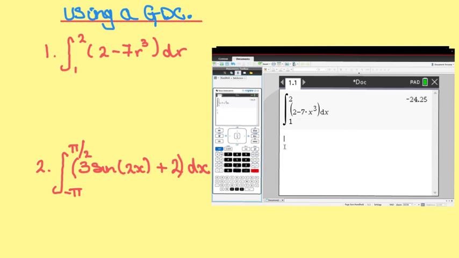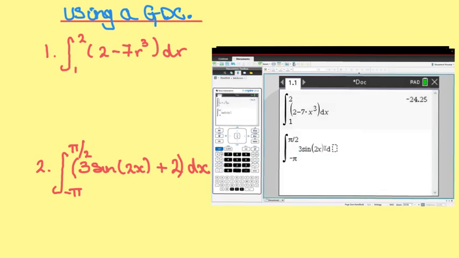Our second one is a trig function, so make sure you are in radians. Open the function, and this is between negative pi, there's the pi button, and pi divided by 2, for the function 3 sine 2x.